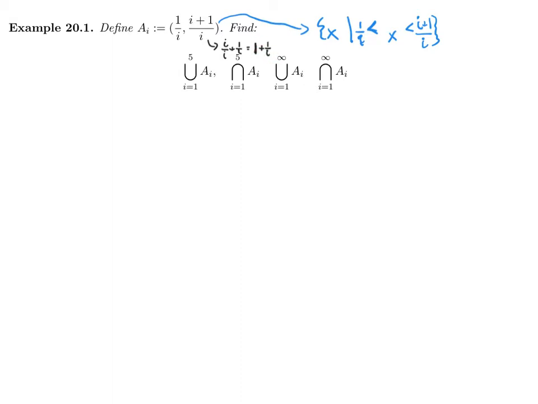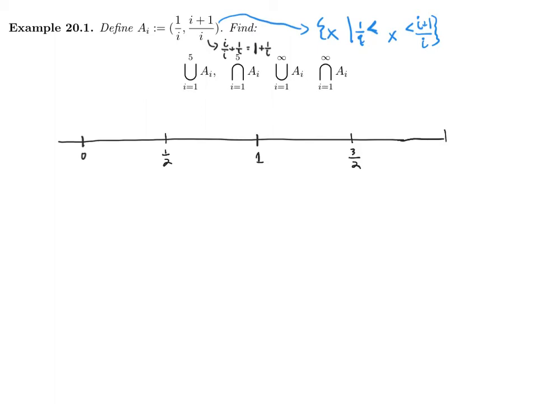And sometimes it's a good idea to draw these on the number line. So let's do a little number line here to help us out. So here's 0. Let's have 1 be here. And here's a half. Let's have 3 halves be here.